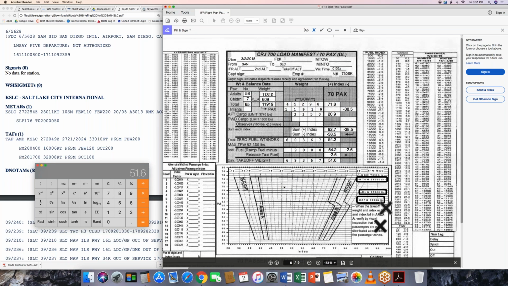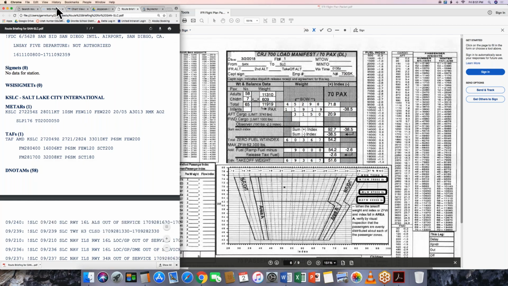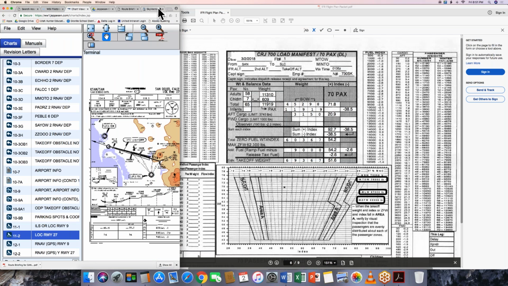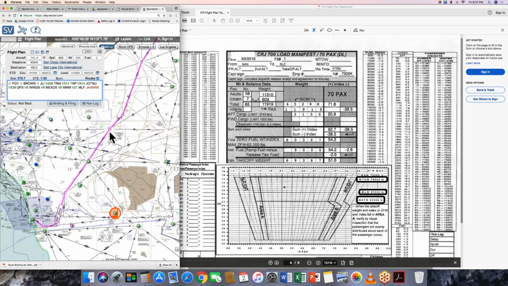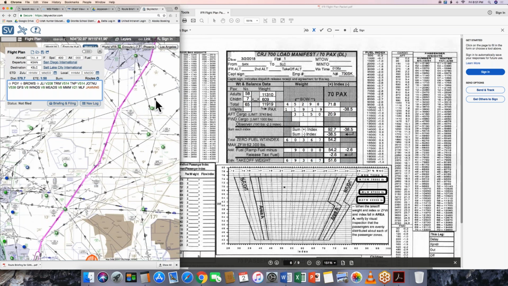Okay, so we got you up to here. We've planned our route here in SkyVector, right?